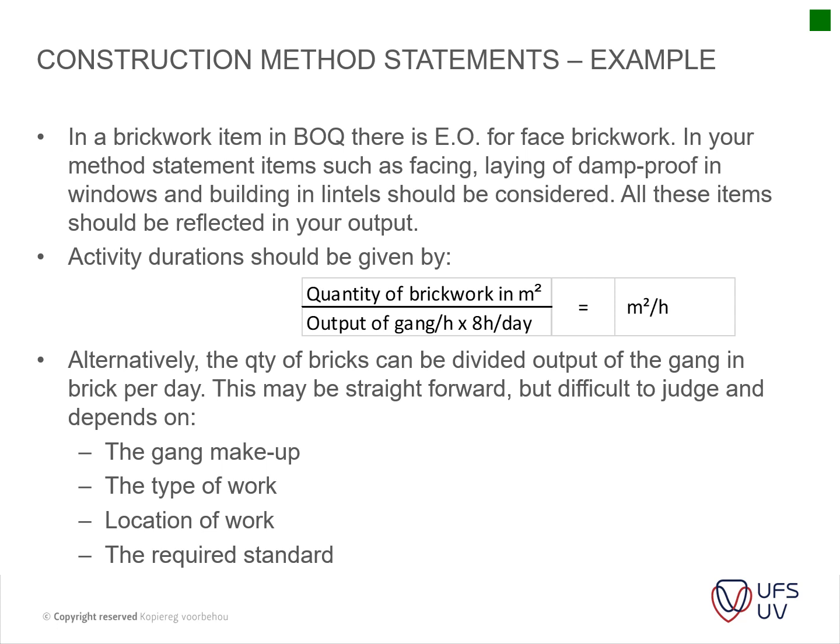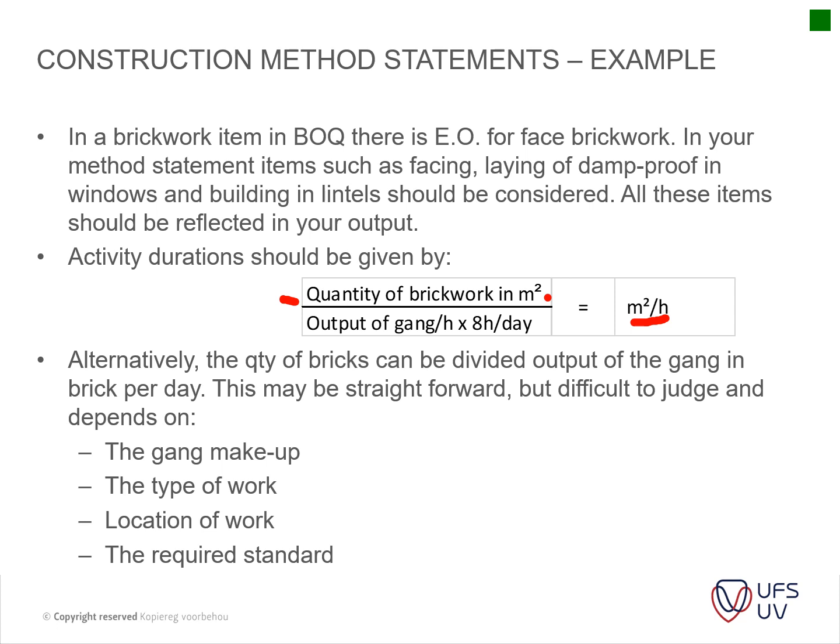This is important for me. It will assist you guys in explaining what your activity durations are, but it's fairly straightforward. It's your quantity of brickwork in square meters and your output of the gang per hour and 8 hours per day. So you are basically getting to a square meter rate per hour.